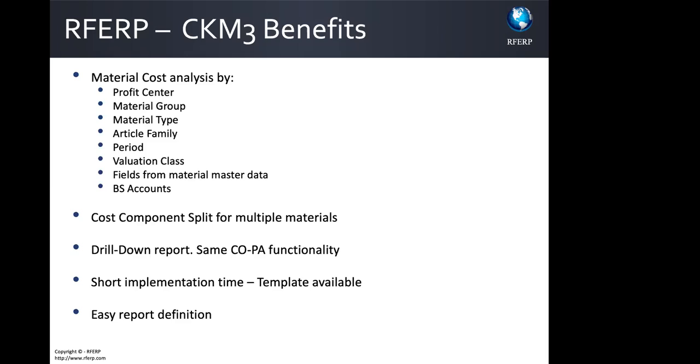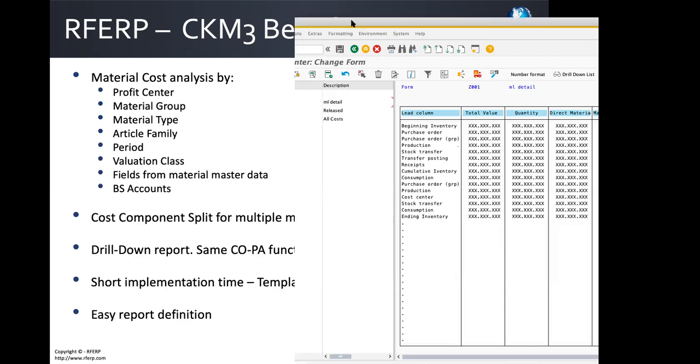So we now have not only what SAP has as standard in KKML0, which is only preliminary valuation and price difference by material, but now we add more information like the cost component split and data from the material master data.